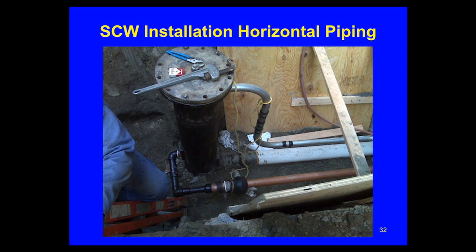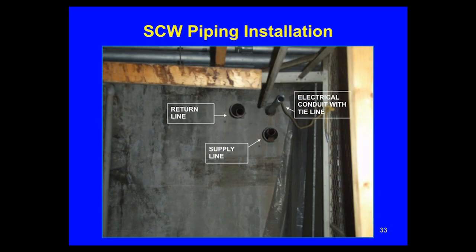This all gets filled up with sand, and if you lifted the manhole, all you'd really see is this, and if you lifted this off, that would give you access to the pump. So that's what goes into the building, and in this instance, the owner was able to put their heat pump in a storage room in the basement, so it didn't affect the architectural integrity or significance of the building whatsoever.